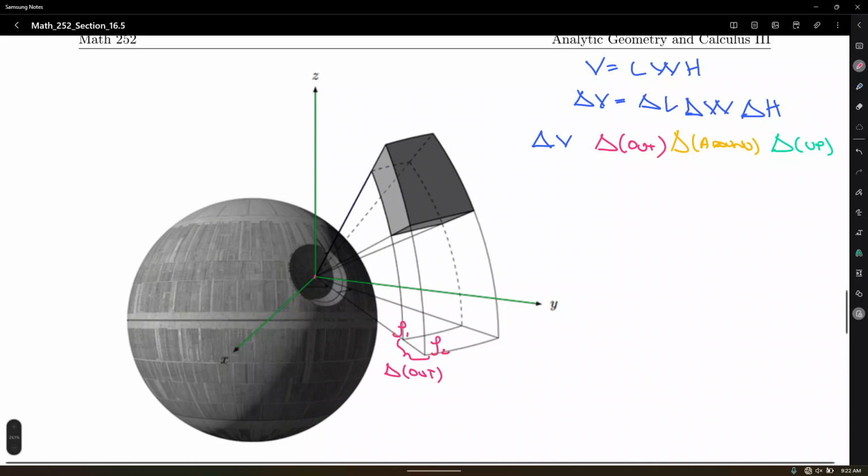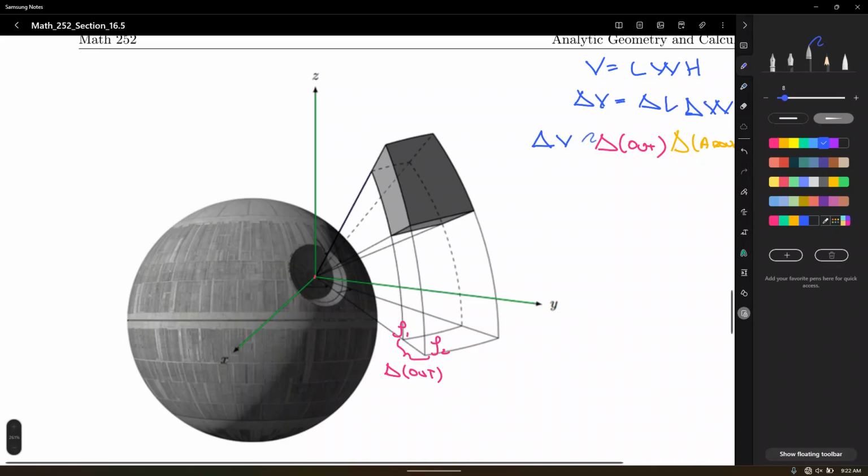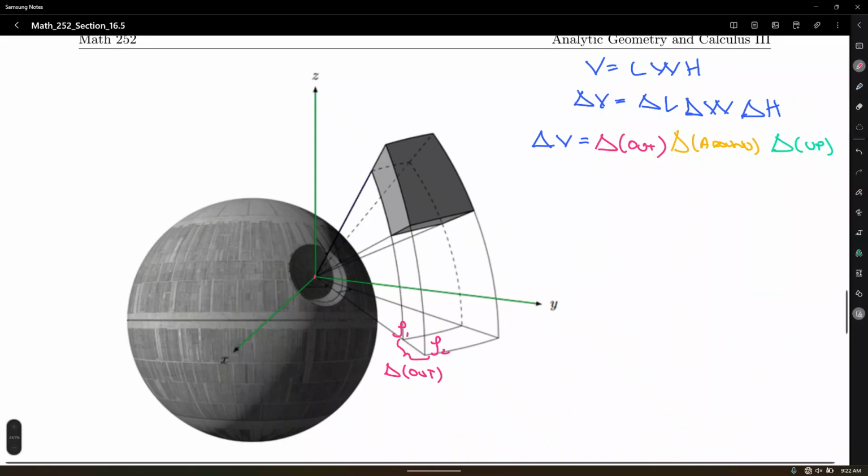Let's describe each of the deltas separately. Number one, the delta out will be simply rho 2 minus rho 1, which is delta rho. That's where the d rho will come up later. As easy as that, right?